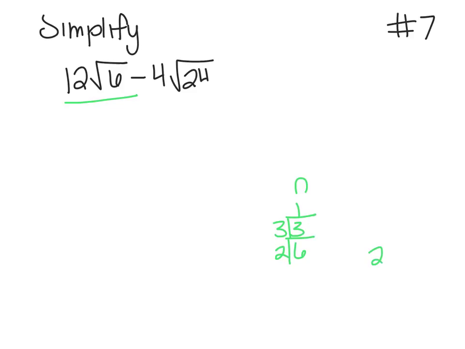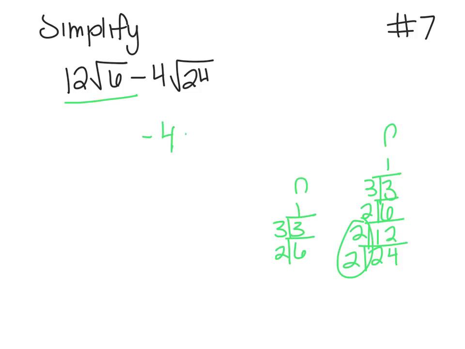So let's try 24. 24 is even, so 2 goes into it 12 times, 2 goes into that 6 times, 2 goes into that 3, 3 goes into that 1 time. So I have a pair of 2's, and a pair of 2's will come to the outside. So I have -4, I have that pair of 2's, and left over I have a 2 times a 3.